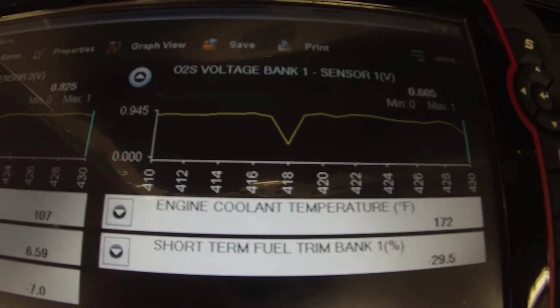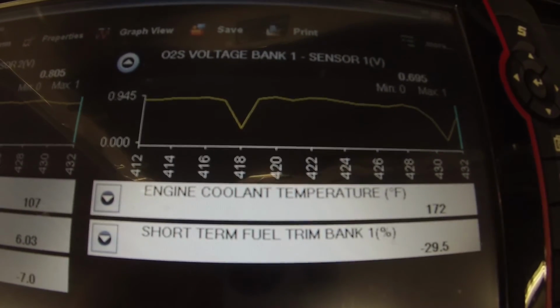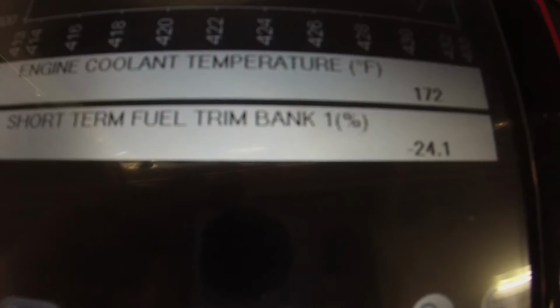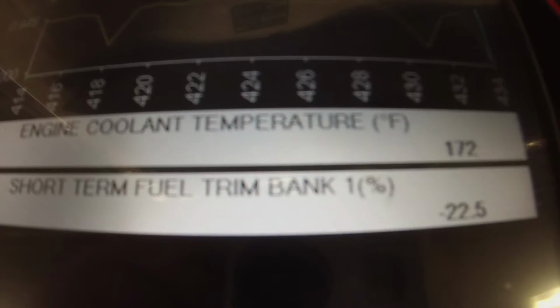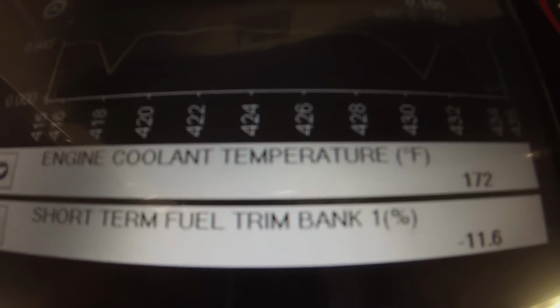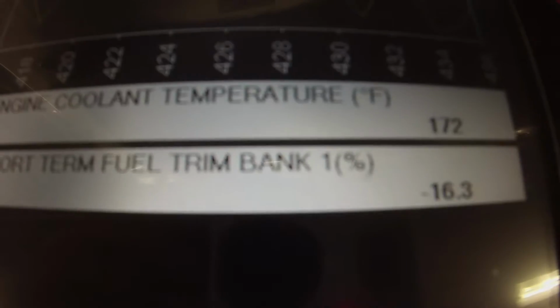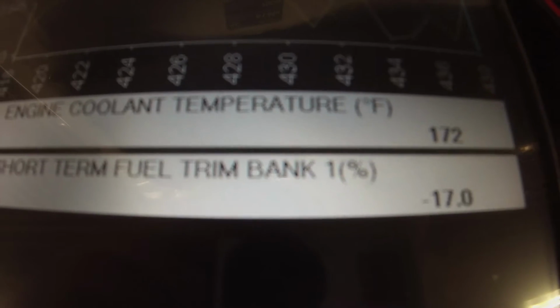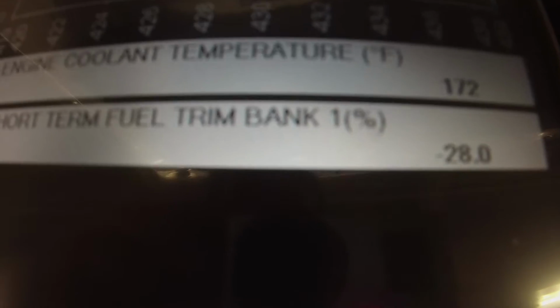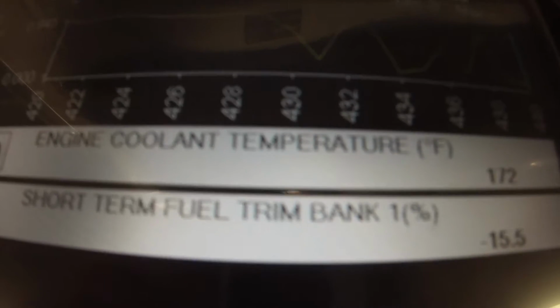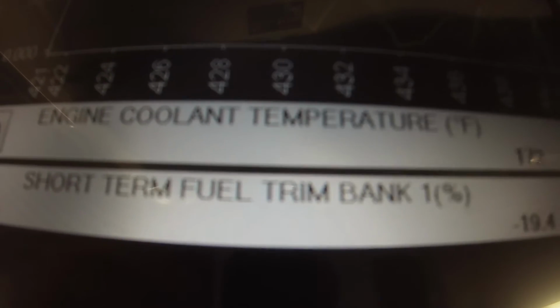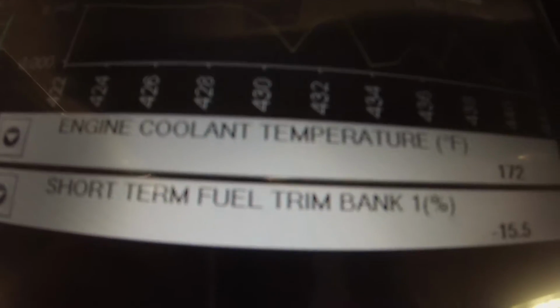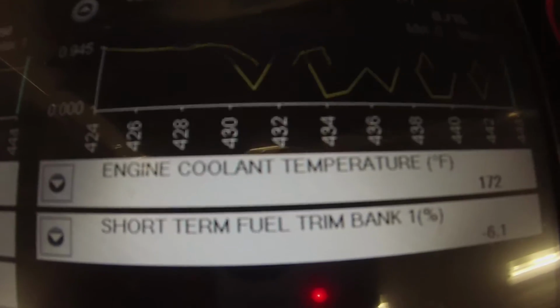I know that this O2 sensor is good. There it is responding. See my fuel trims. That should go positive. It's slowly coming down. It just might not be enough air to counter this rich issue.